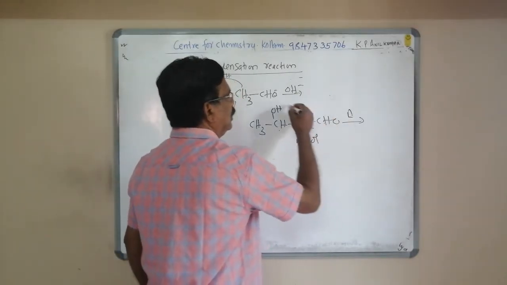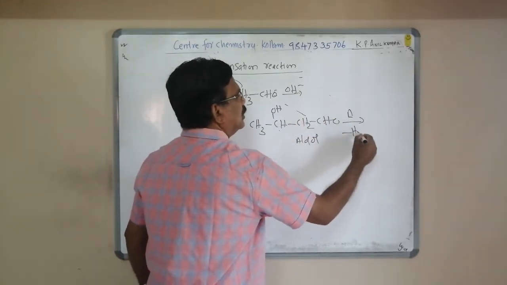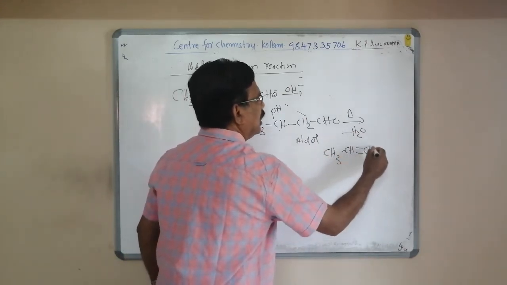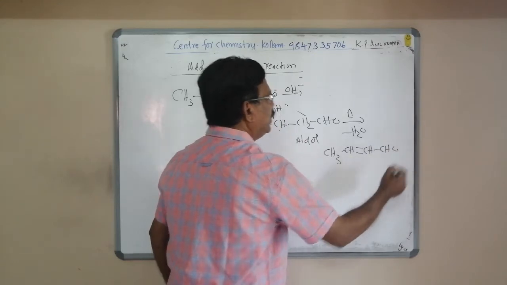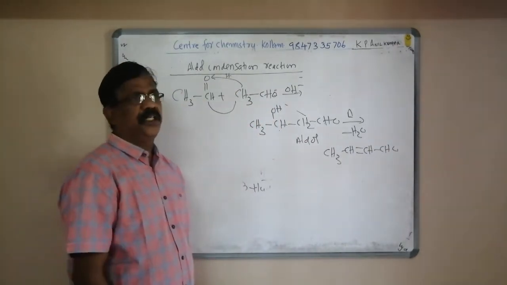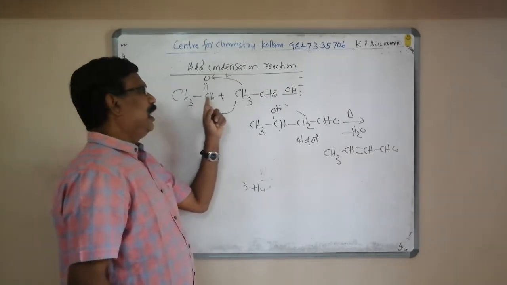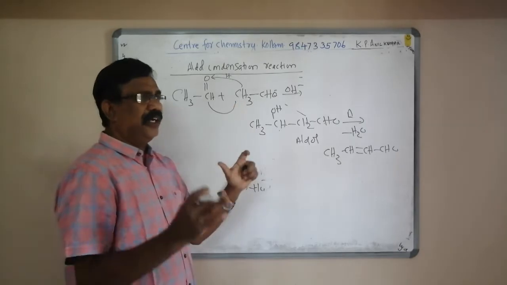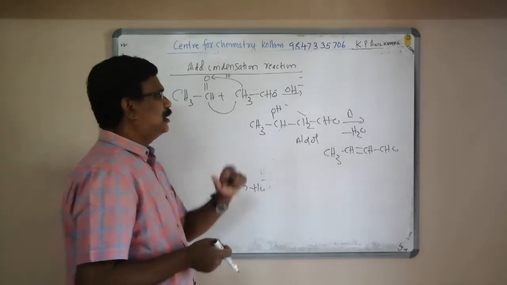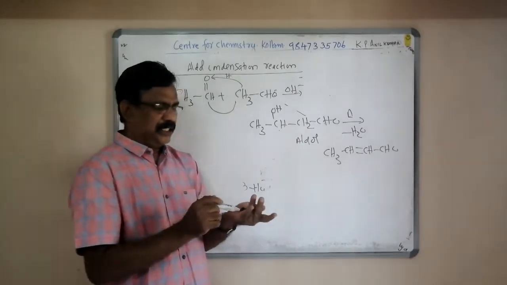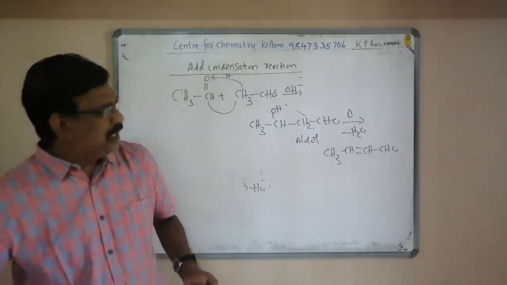On warming, it loses a molecule of water and an alpha, beta unsaturated aldehyde is obtained, and this is but-2-enal, or crotonaldehyde. This is a simple aldol condensation reaction because the aldehyde molecules involved are the same, acetaldehyde and acetaldehyde. If different carbonyl compounds are used, the reaction is called a mixed aldol condensation reaction. So, the mechanism of this reaction.